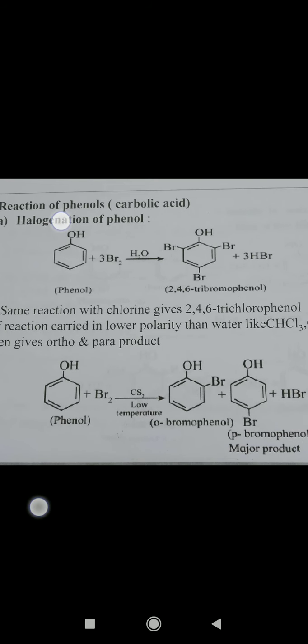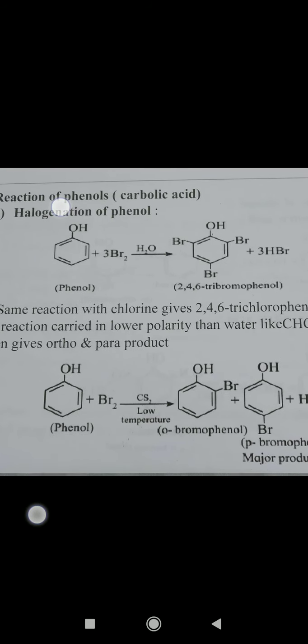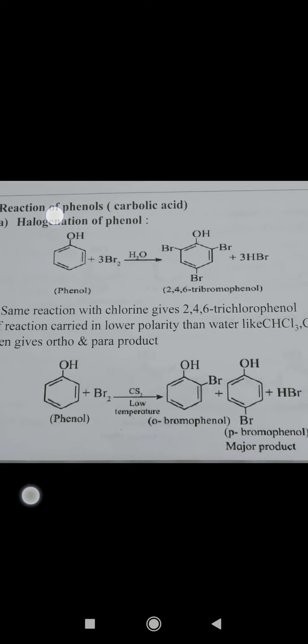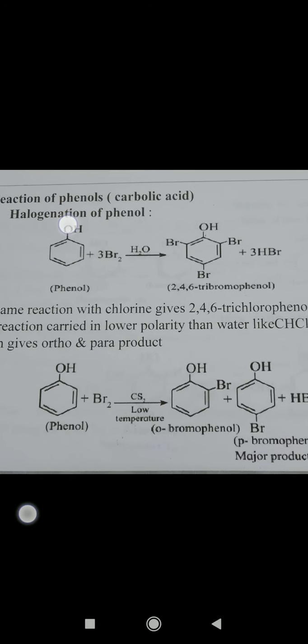Phenol can also react with bromine in the presence of CHCl3 or CS2 or CCl4. In the presence of these, phenol gives ortho-bromophenol and para-bromophenol. Para-bromophenol is the major product.